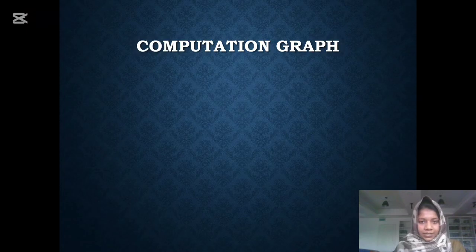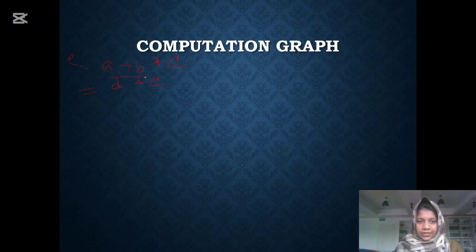For better understanding of the topic, let's draw the computation graph. If we draw the computation graph, I think we will understand the topic better. So our equation was E equal (A plus B) multiplied by C. After simplifying, the equation becomes D multiplied by C. So let's draw the equation.